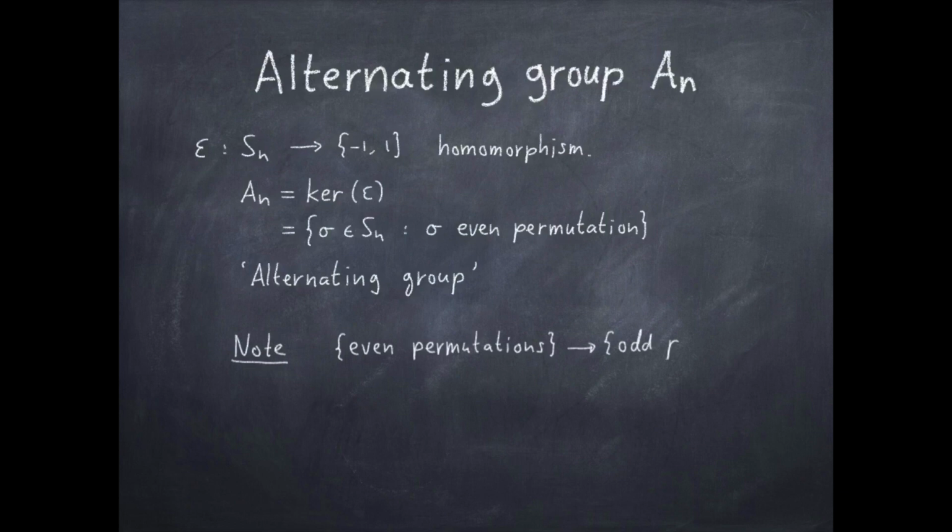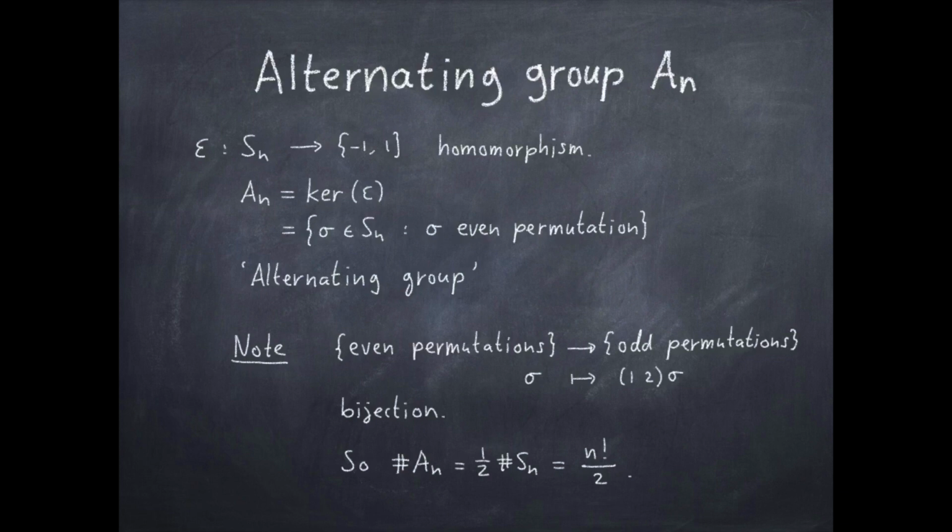If we fix a transposition, say the transposition (1 2), then multiplication by this transposition gives a bijection between the even permutations and odd permutations. So we see that An contains exactly half of all the elements of Sn. So An has n factorial divided by 2 elements.